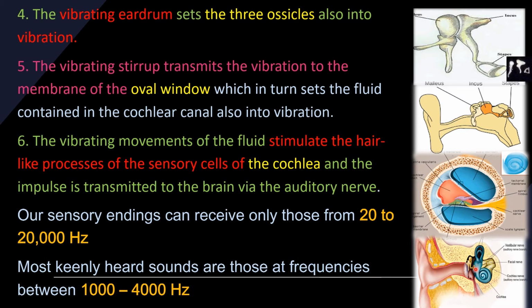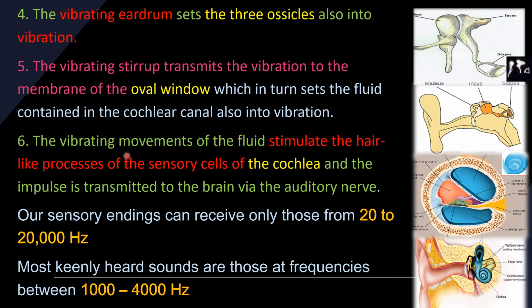Then that membrane also vibrates, which in turn sets the fluid contained in the cochlear canal into vibration. This vibration enters the cochlear canal or median canal of the cochlea. Then the fluid present in the cochlear canal also will vibrate.